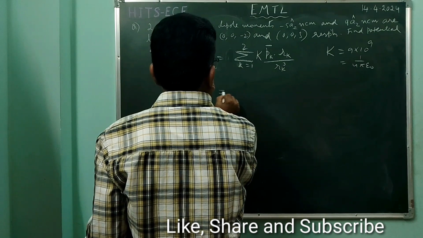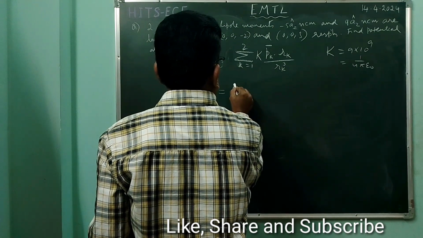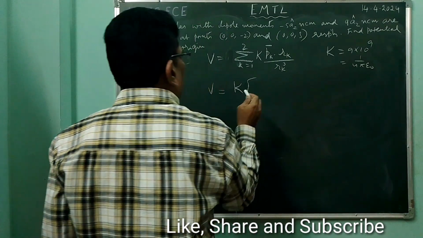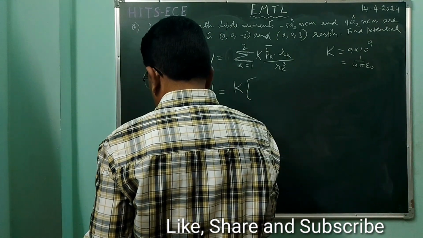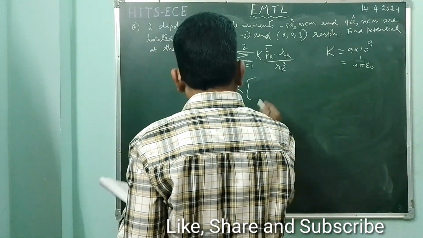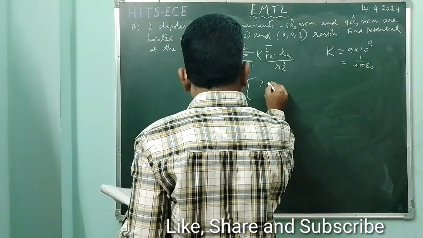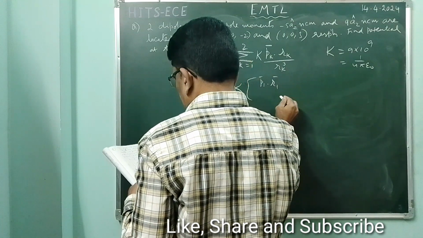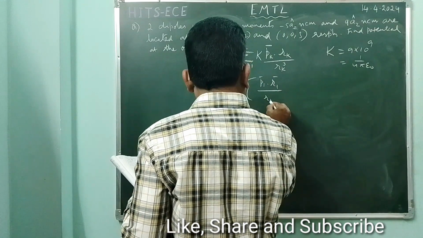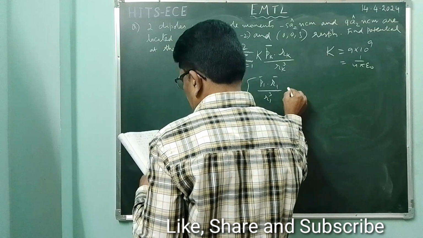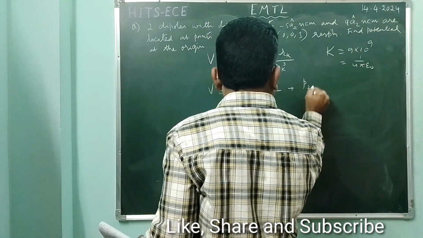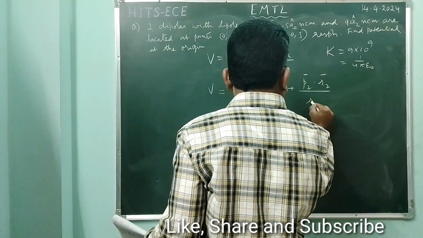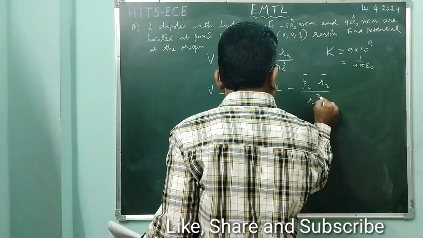So V is equal to k into P1 dot R1 by R1 cube plus P2 dot R2 by R2 cube.